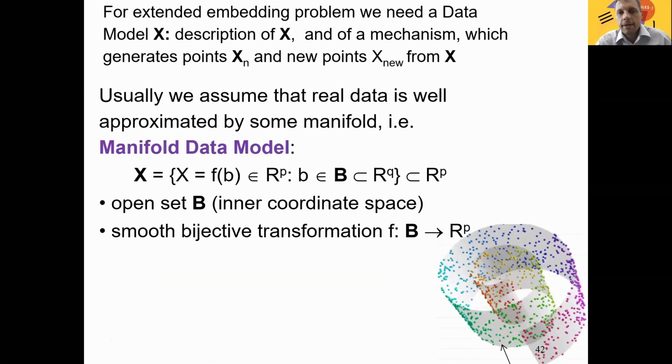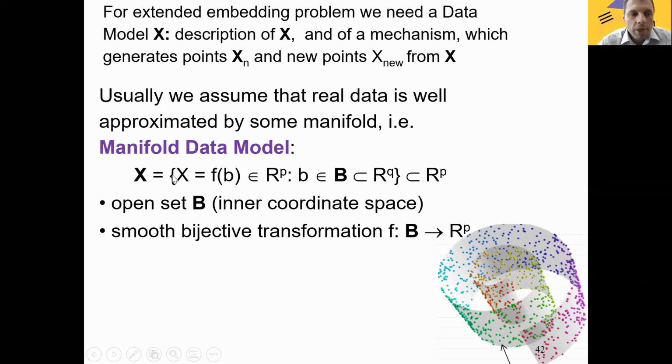Exactly in this case, in order to fulfill these requirements, we will need this manifold data model, which I already mentioned. That is, in the manifold data model, we assume that each point x can be represented as a nonlinear function f, which depends on some lower dimensional point representation b, maybe plus some noise, because our real world data is noisy.